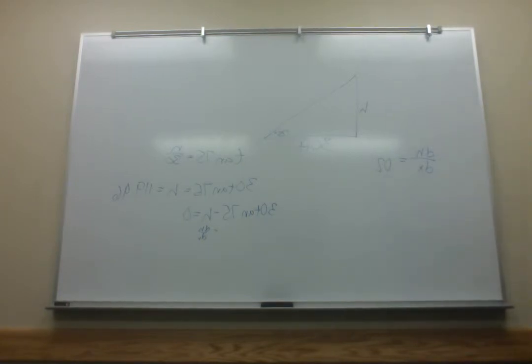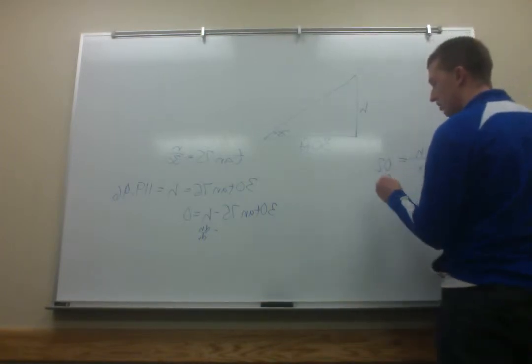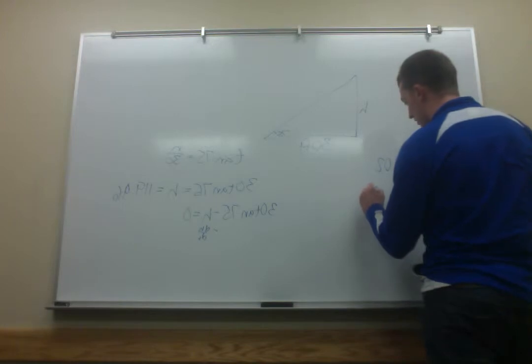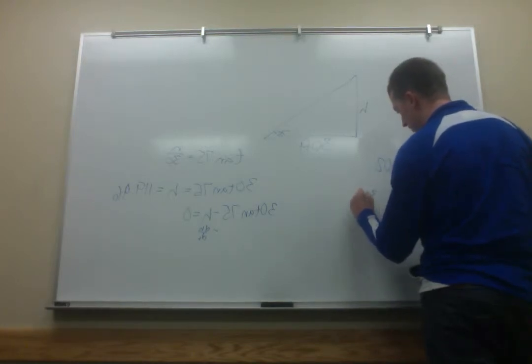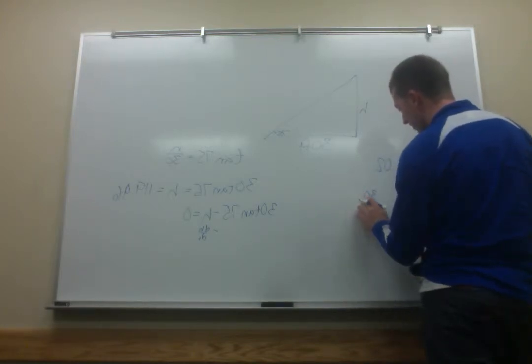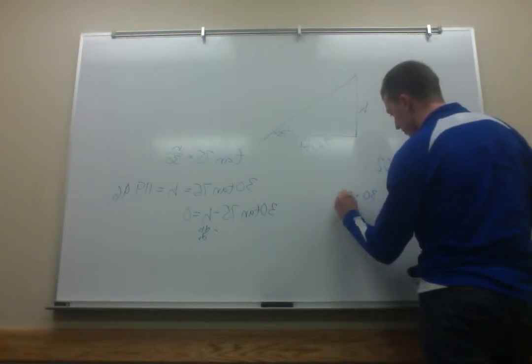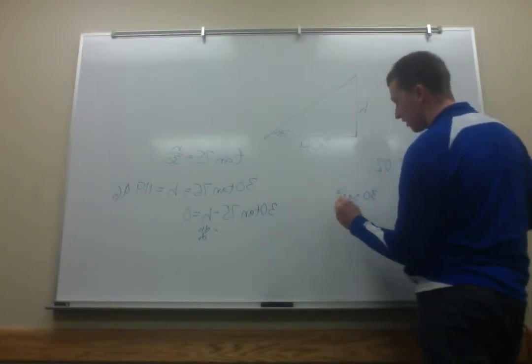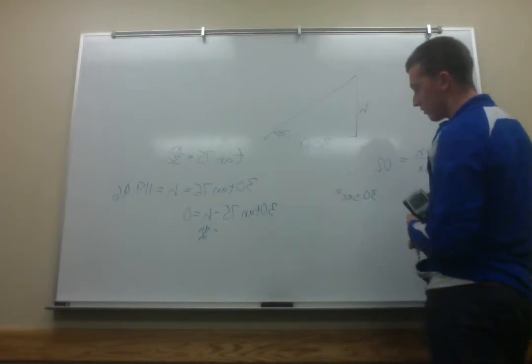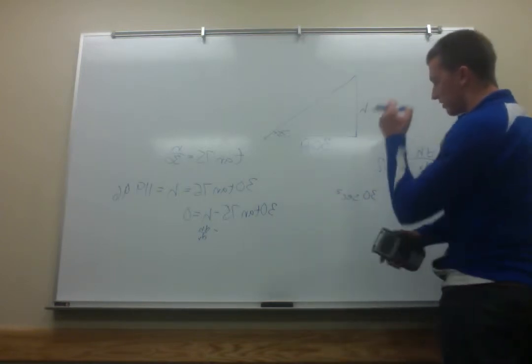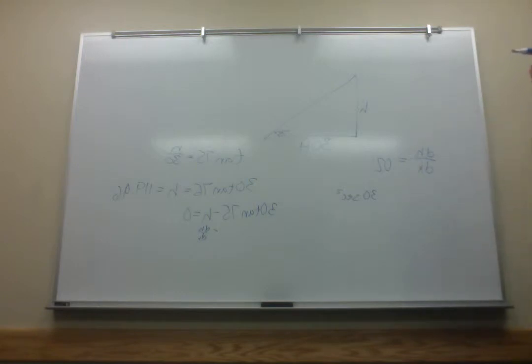I wrote it down over here someplace. 30 is a constant then, isn't it? Yeah. So it'd be 30 secant squared. It wouldn't just be 75, would it? 30 secant squared 75 is the derivative of 30 tangent 75. Yeah, I believe so.